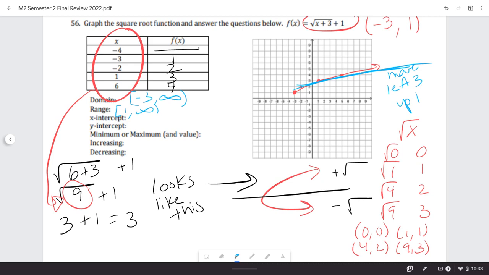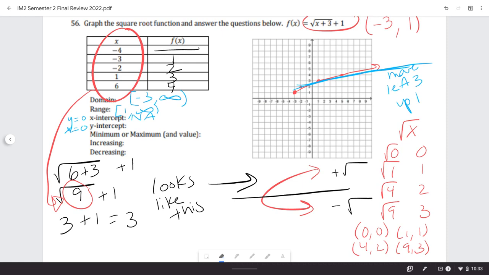Your x-intercept, remember that y equals 0. Your y-intercept, remember that x equals 0. So let's take a look at where that is. X-intercept, y equals 0. There isn't one. See? It would be right here, and there isn't. So for x-intercept, I just put NA. Y-intercept is where x equals 0.